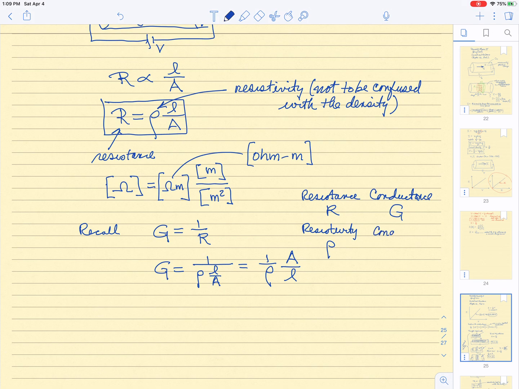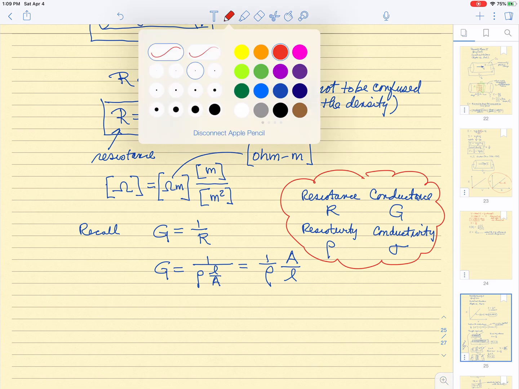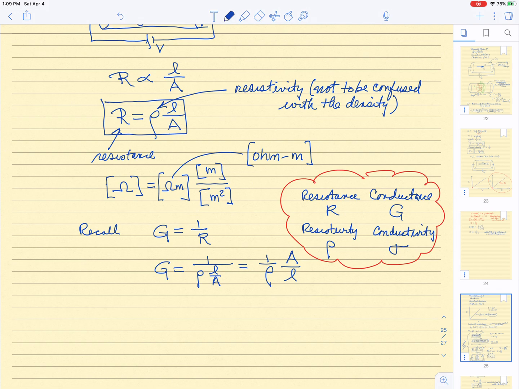This is going to be the conductivity, and that's going to be called sigma, all right? So we have resistance, conductance, and resistivity and conductivity. So the conductance then is going to be equal to the conductivity times the area divided by the length of a material, okay, and that's worth a box, all right?